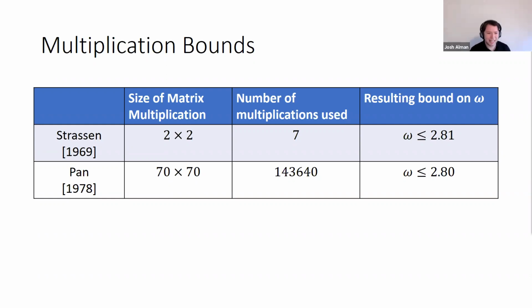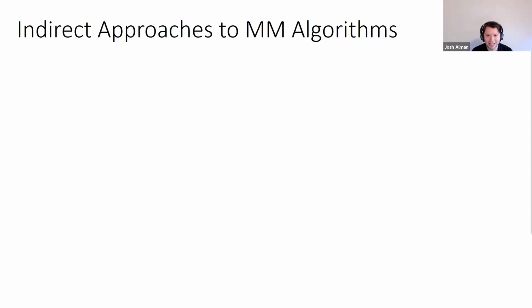So later work after Pan's started using a more indirect approach to designing these algorithms. Instead of directly giving identities for doing matrix multiplication using fewer multiplications, it used a more indirect approach. So let me tell you about that. The indirect approach that was used by all the algorithms since Pan's algorithm involves two main components.